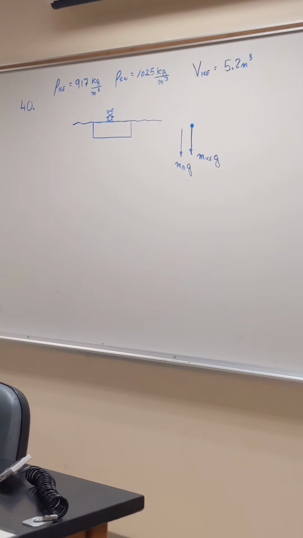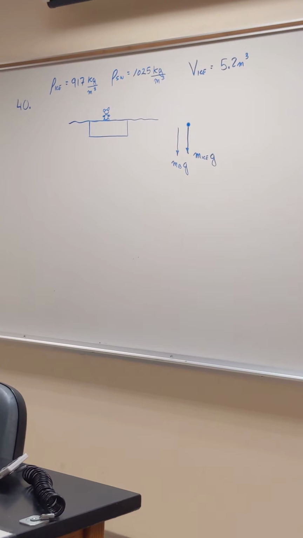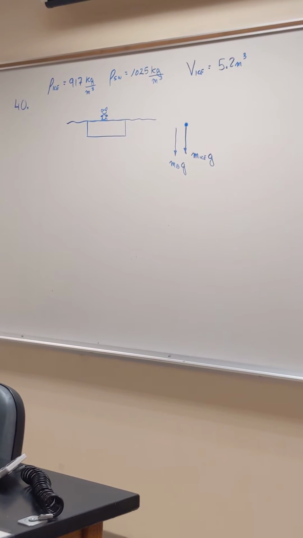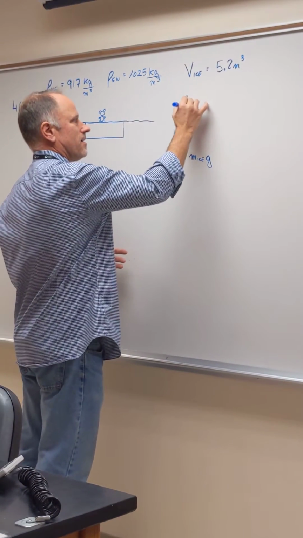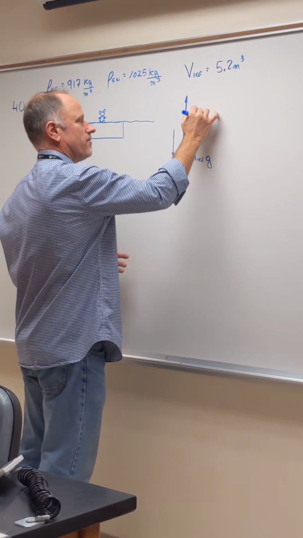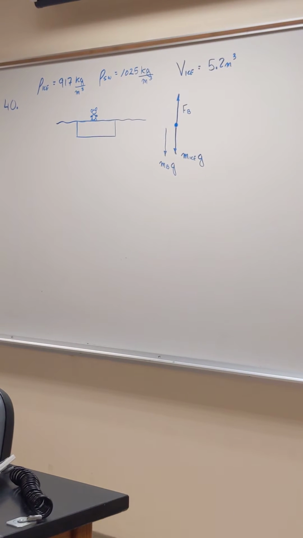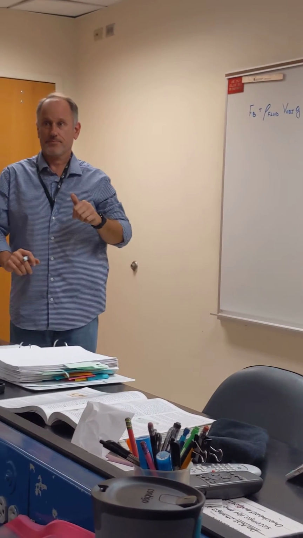But something is keeping it afloat, the whole system. So what is that force? The buoyant force. So there are three forces in this problem. Two of them are weight, and the third one is up, and it is the buoyant force.